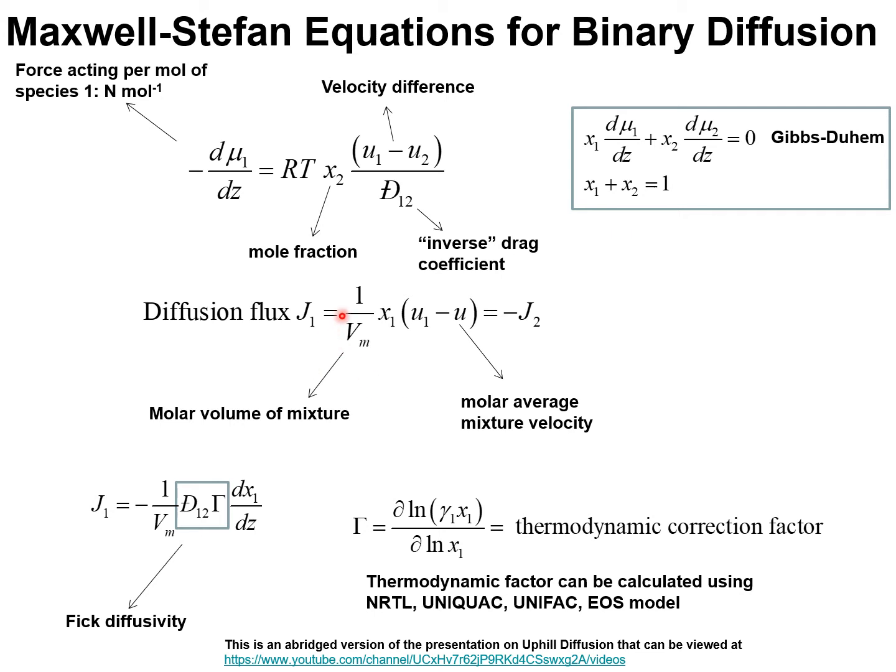And the Maxwell-Stefan equations can be recast into the form: flux of component 1 is proportional to the mole fraction gradient of component 1, and the constant of proportionality is the Maxwell-Stefan diffusivity times gamma. Therefore, in comparison with Fick's law, we note that the Fick diffusivity equals the Maxwell-Stefan diffusivity times a correction factor that quantifies departures from thermodynamic idealities.